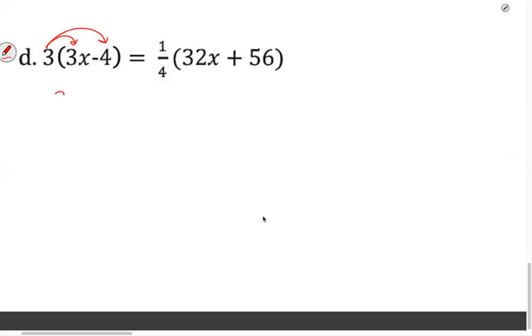Distribute. 3 times 3 is 9, so I got 9x. 3 times -4 is -12. Equals. What do you think I'm going to do with that 1/4, Mike? I'm going to make it a decimal, and then I'm going to go ahead and distribute. So I do 1/4 times 32, and I told you I'm a human calculator. So I do 1 times 32. That's 32 divided by 4 is 8.